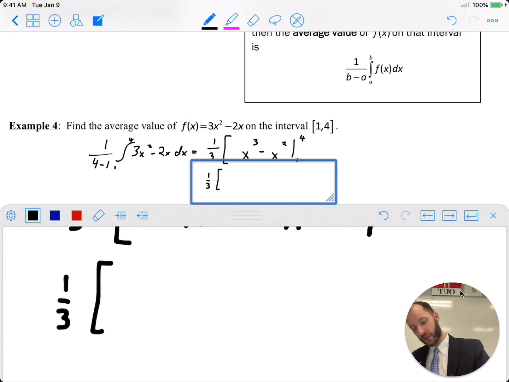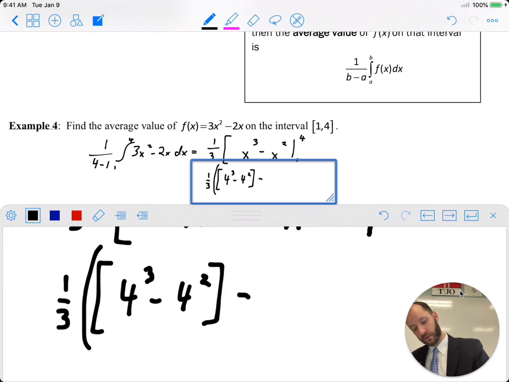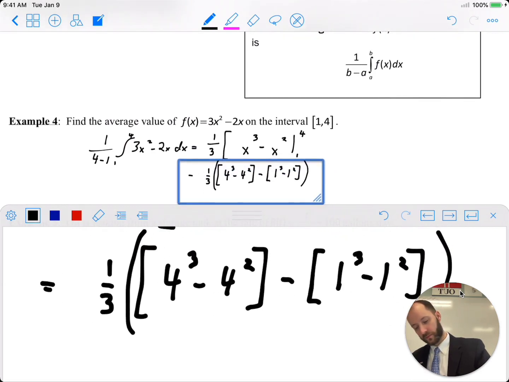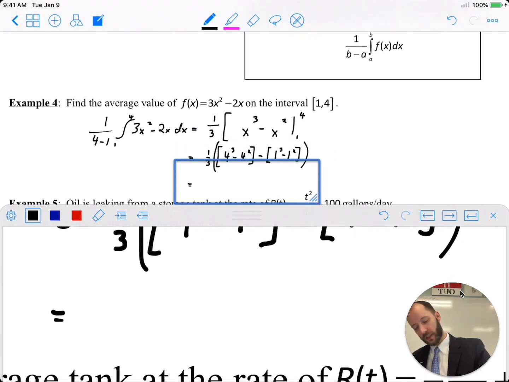So we have 1/3 of 4 cubed minus 4 squared. And then 1 cubed minus 1 squared. And then just a lot of arithmetic simplifying down.